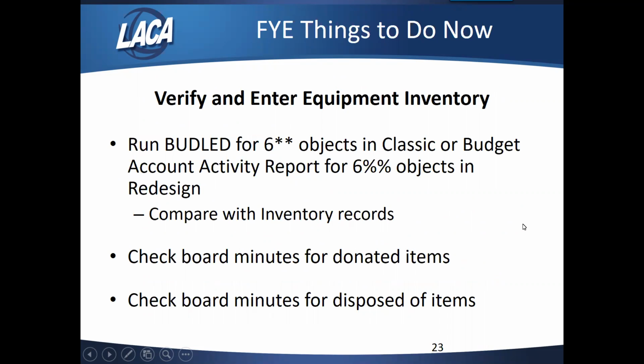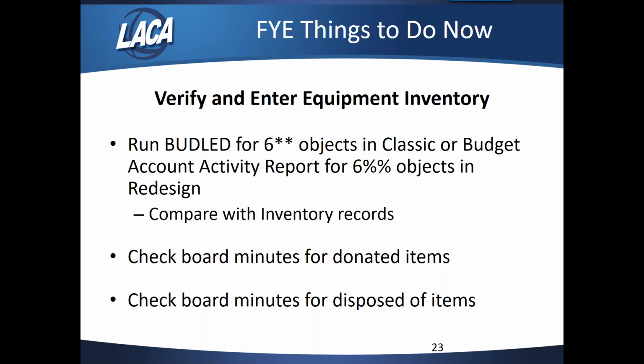We also recommend that you verify your equipment inventory records at this point. Whether you're using state software, EIS, or another equipment inventory program, you can still run reports out of Classic and Redesign and make sure that everything is entered. So in Classic, you would run the BUDLED and for any 600 object code.